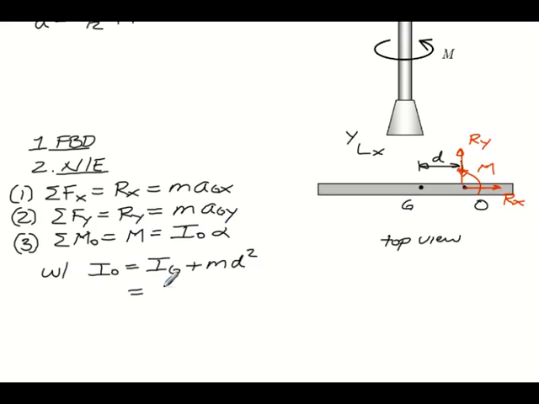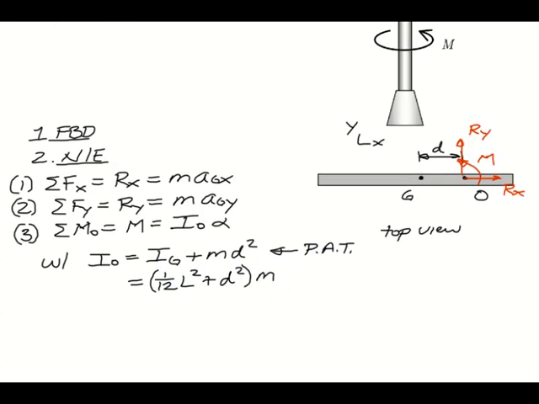So IG, recall, is equal to 1/12 m l squared. This is just an application of the parallel axis theorem to take what we know about the mass moment of inertia about G and find out what it is about O.